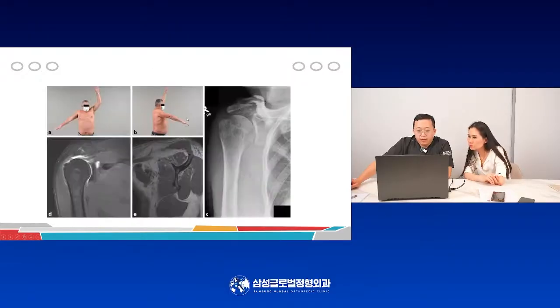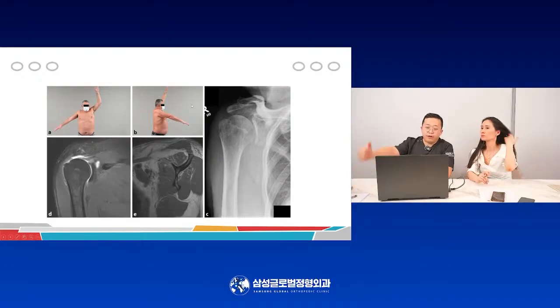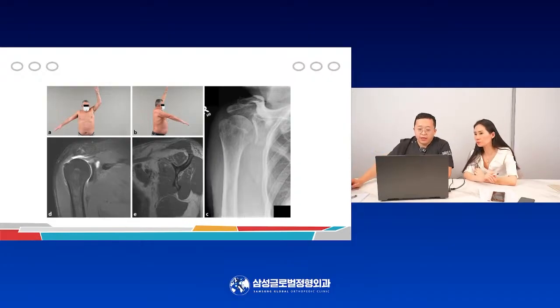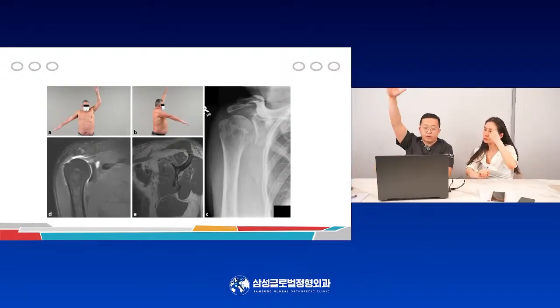The main problem is that some patients cannot move their arm upward. We call that pseudoparalysis. The muscle is not paralyzed, but because of the tendon problem, they cannot move their arm upward.